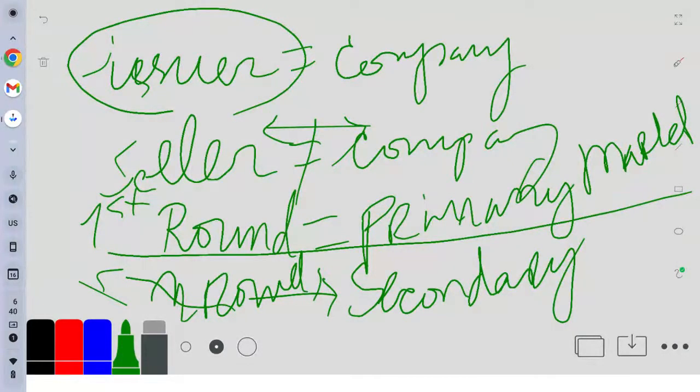This concept is the same in the stock market. Primary market is when the stocks are sold for the first time, and there's a name for that. It's called IPO. Anybody heard of IPO? Initial public offering. The company is offering stocks for the first time to the public.